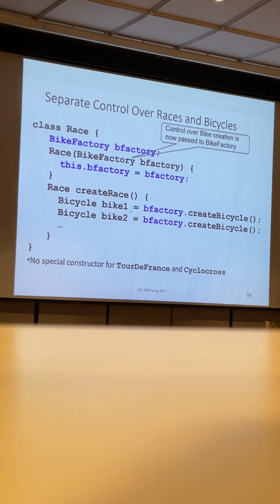And here is exactly this example. See how now a race has a constructor taking a B factory, an external bike factory, and it stores it as one of the fields. So whenever the need arises to create a bicycle, it calls this B factory to create a bicycle.